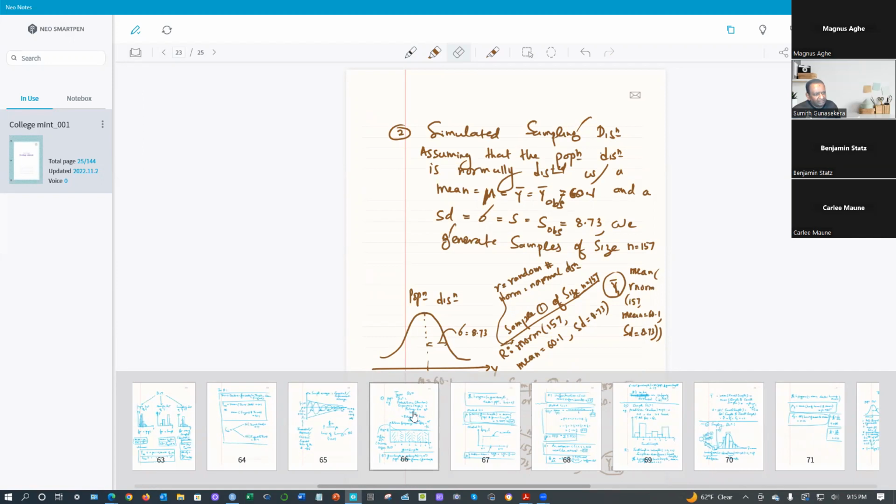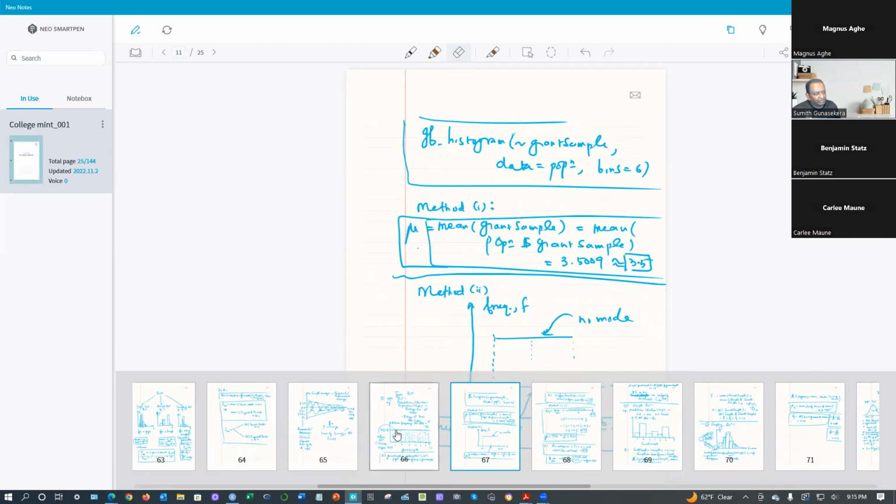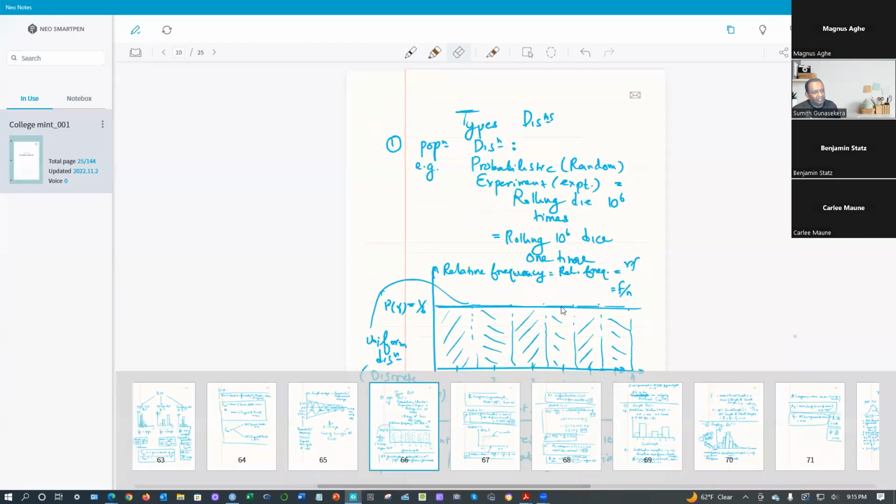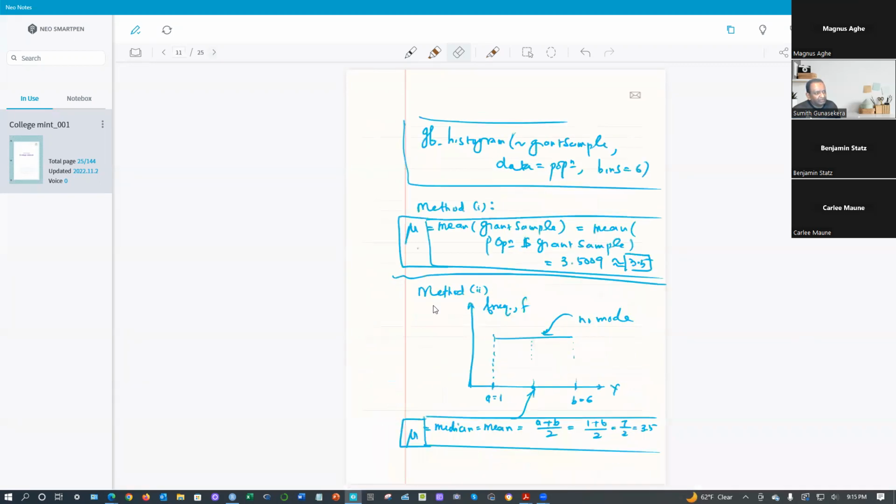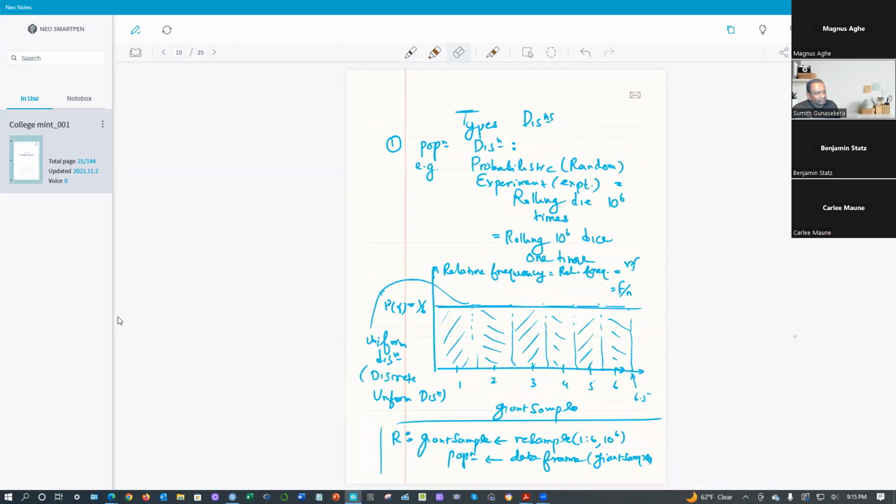Can I generate, assuming that this is a uniform distribution? Yes. You can use runif. Random numbers coming from a uniform distribution will do that. You can do it that way too.